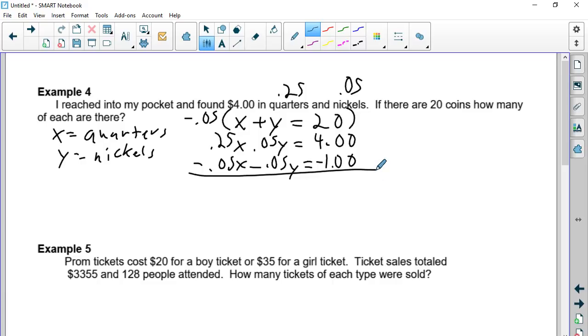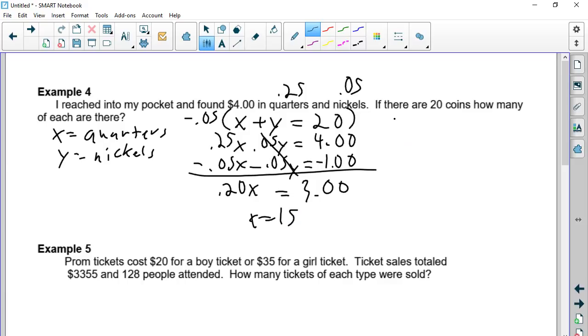So 25 cents minus 5 cents is 20 cents, 0.20x. The y's cancel. $4 minus $1 is $3. And if I take $3 divided by, be careful, 0.20, x is 15. So in other words, if there was something called a 20-cent piece, 15 of them would make $3.